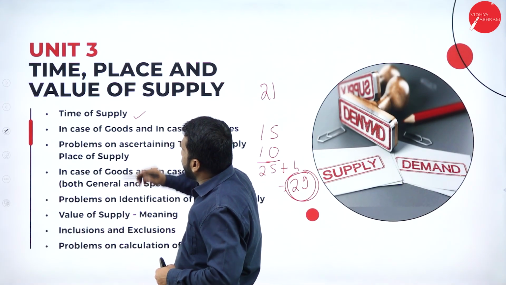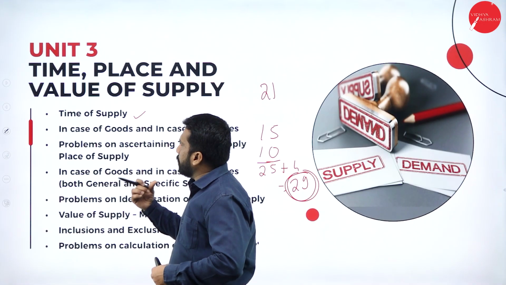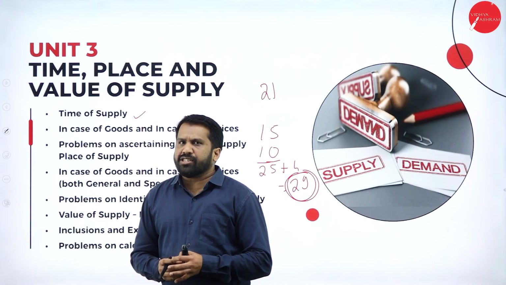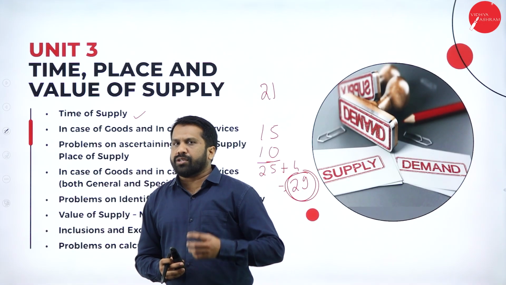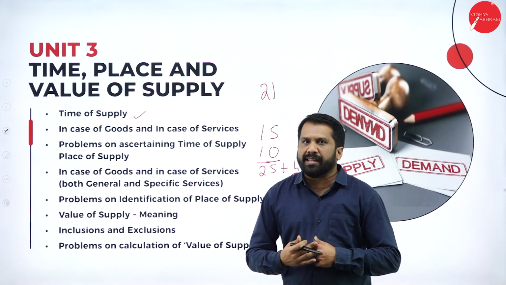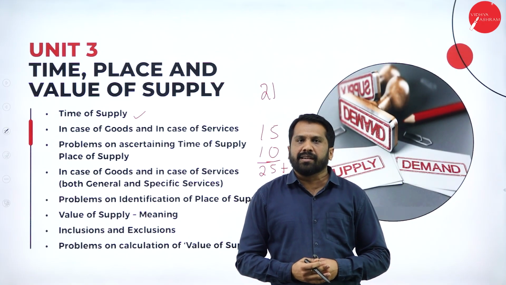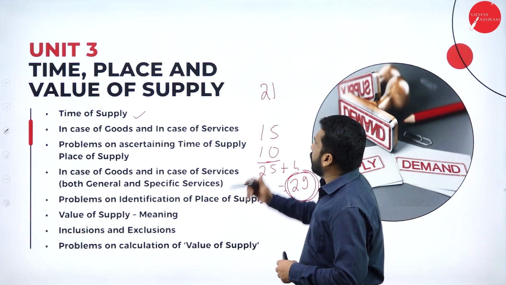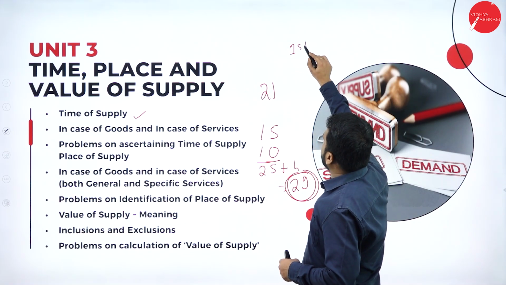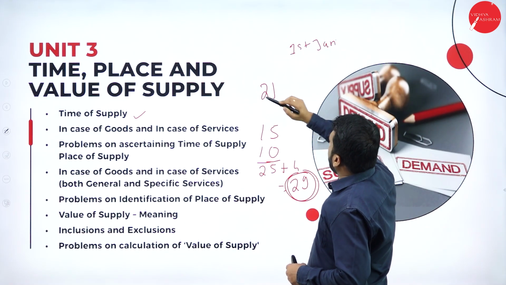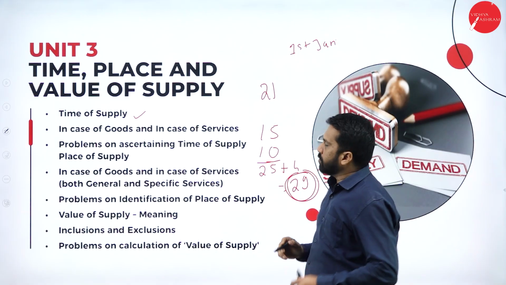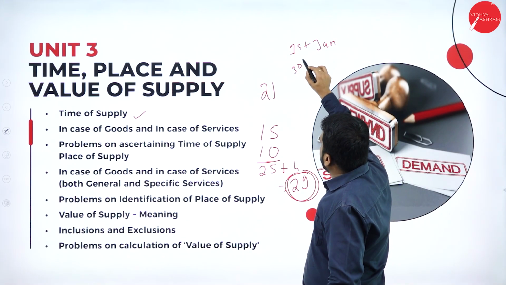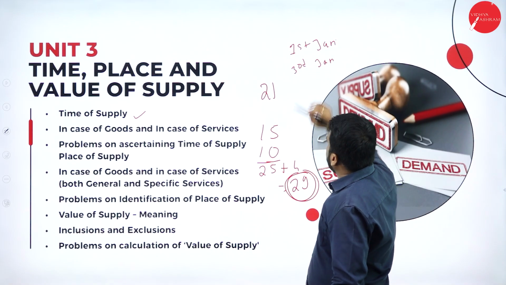Time of supply. Why do we have a topic called time of supply? Assume I am the customer and you are the seller. I come to your shop on 1st January. I order the goods on 3rd January.